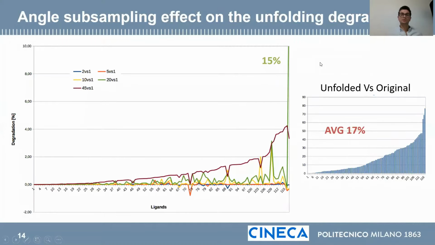In this slide, I would like to show you the effect of rotating our torsionals with greater degrees in comparison with just 1 degree. So in the plot on the left, you can find on the x-axis the 118 ligands ordered by increasing volume, and on the y-axis the percentage of degradation of our ligand expansion when we are rotating by 45 degrees versus 1 degree, 10 versus 1, 20 versus 1, 5 and 2 versus 1.